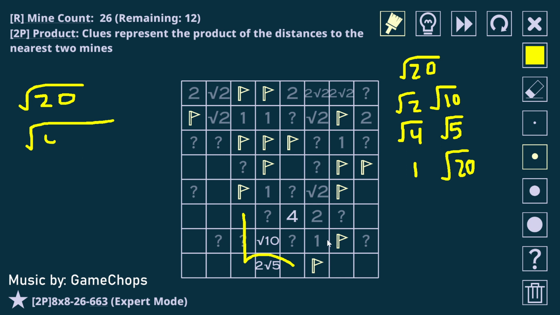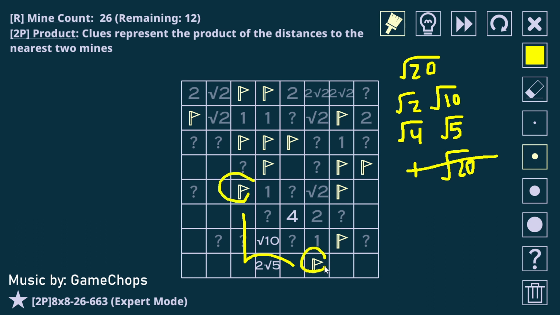So yeah, alright, I guess we can eliminate some stuff here then. We know that this 2 root 5 cannot be that anymore. It might also not be able to be 2 root 10. No, that thing is root 10 away. Did my game die? No, okay, I don't know what went on there.